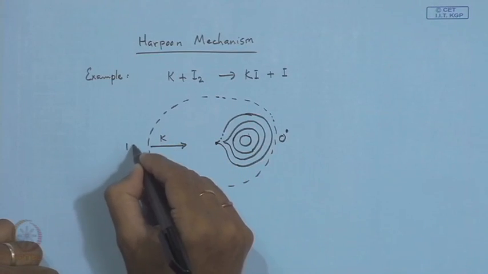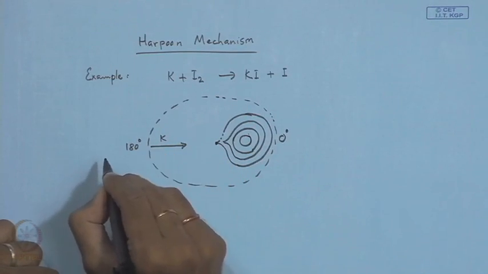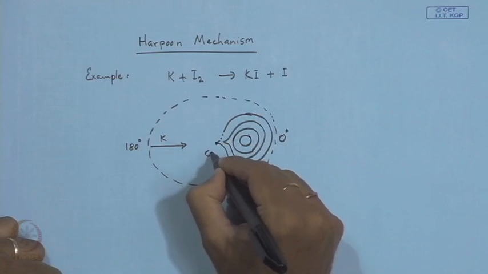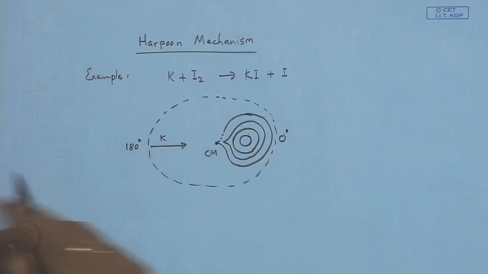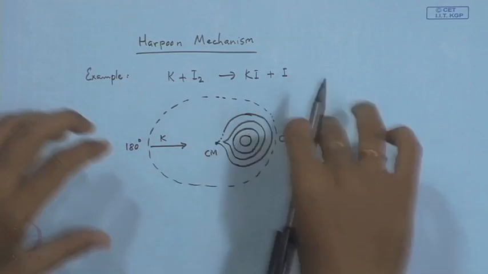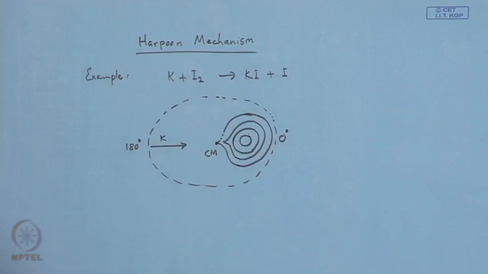You see that contour, this is your center of mass, product distribution is on this side. Okay. So, in the 0 degree, this side, not in the back scattered side.